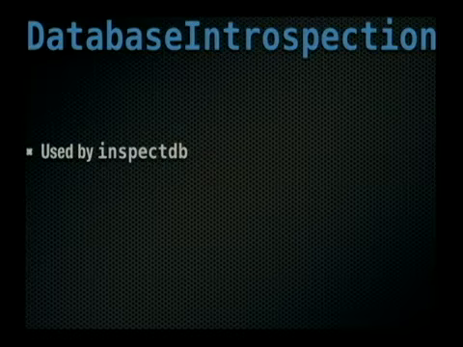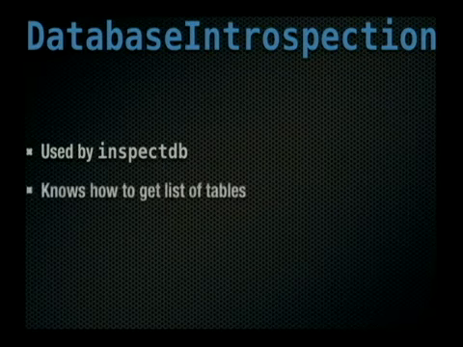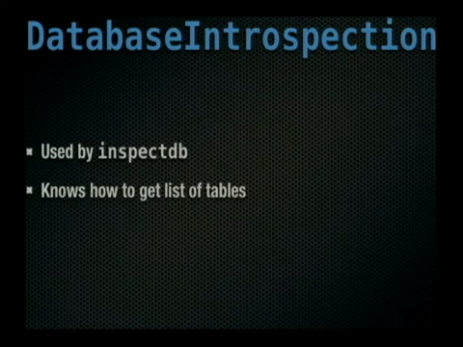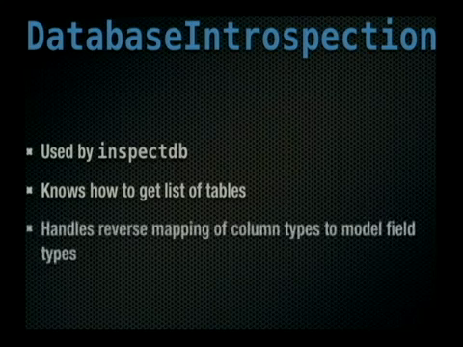How we do this is the inspectdb command. It uses our database introspection class. This knows whatever your database's internal API is for getting lists of tables. This knows how to map your database's column types back into field types. And actually, this is a little different from the mapping in creation.